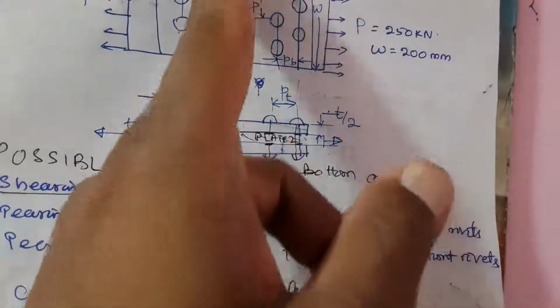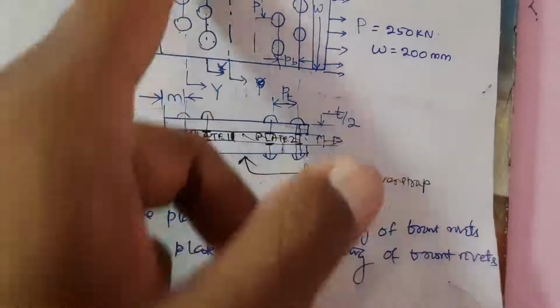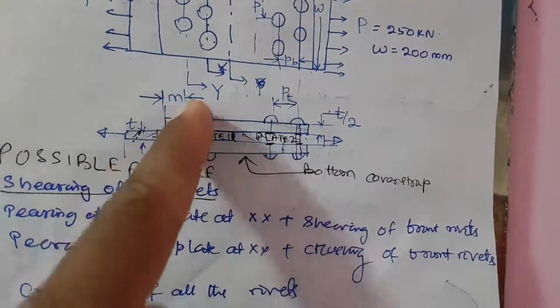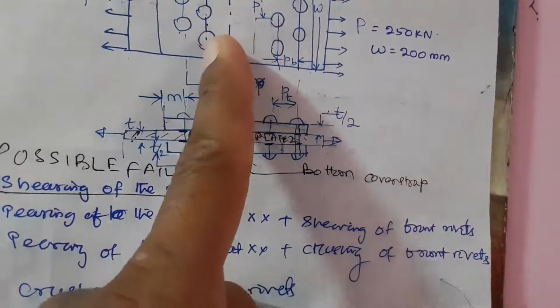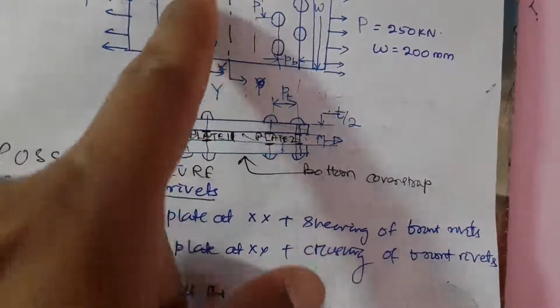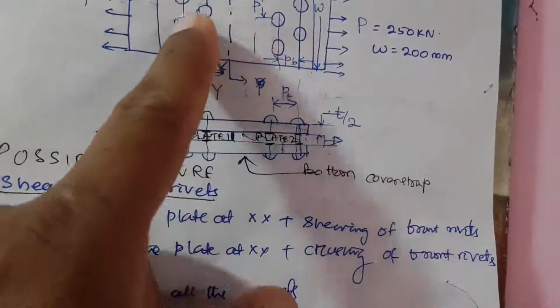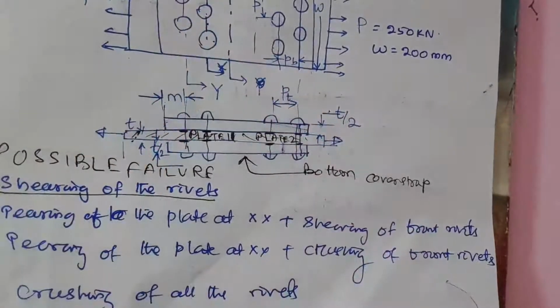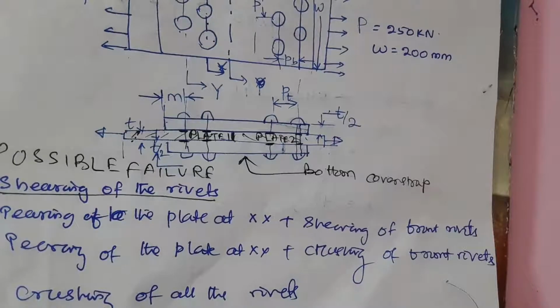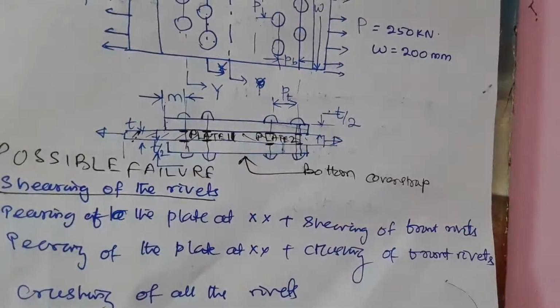So when it is tearing at XX, the front two rivets will try to hold it together. So tearing at this location and front rivets also all fail in shear or crushing will be the one for completely taking out this plate.